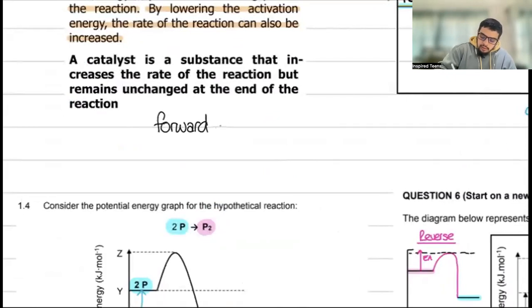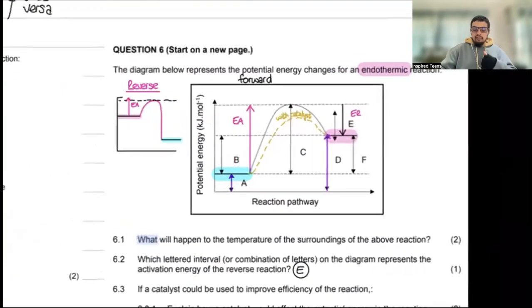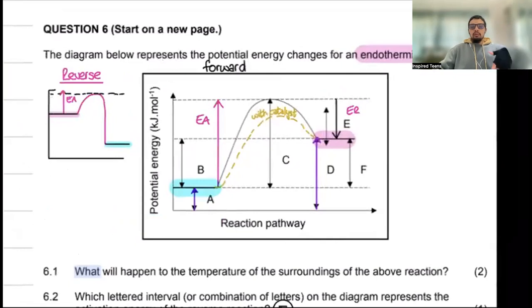If forward equals exo, reverse is endo, and vice versa. That's correct. So with regards to the graph, if we have a graph that's endo, it would represent the forward reaction, and its reverse graph would be exo, the opposite. That's correct.